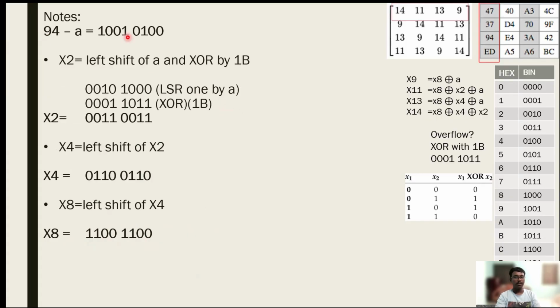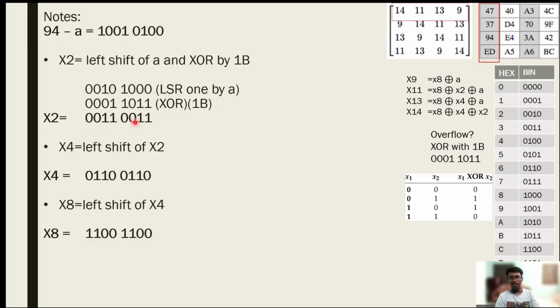Let's go for 94. The equivalent binary is here. And x2, we are going to do, since the MSB is 1, we are going to left shift and we get the answer by XOR with 1B. Different 1, 1, same 0, 0, different 1, 1, same 0, 0. So here we got 0, 0, 1, 1, 0, 0, 1, 1 as the answer.